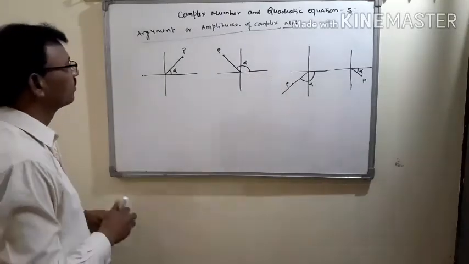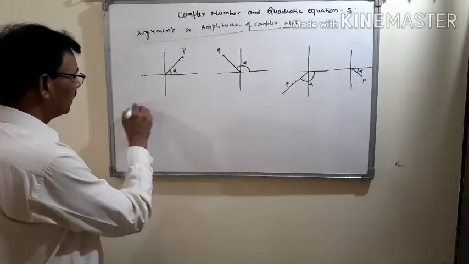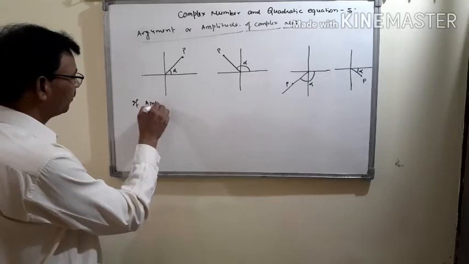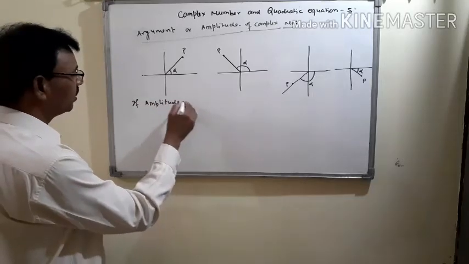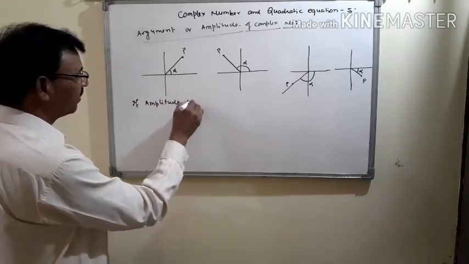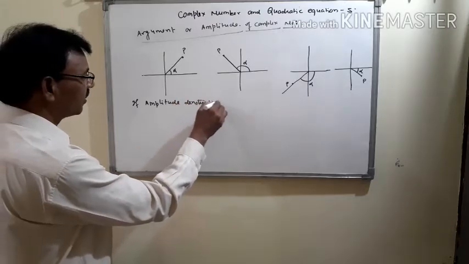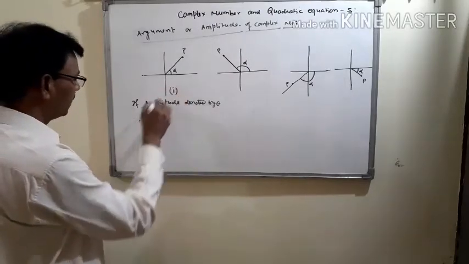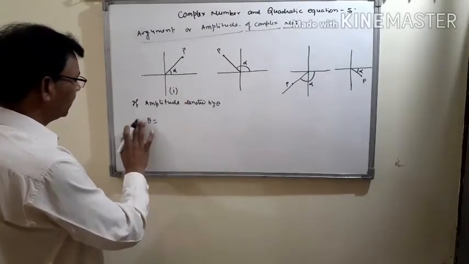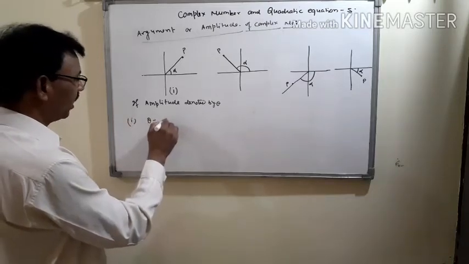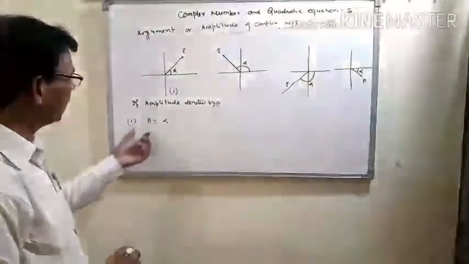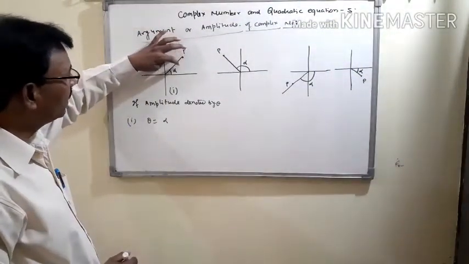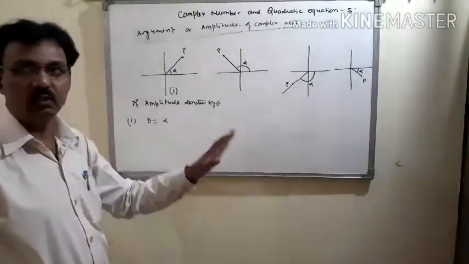If the amplitude is denoted by theta, then in this first situation theta will be alpha. Theta equal to alpha. This is the amplitude, there is no change.